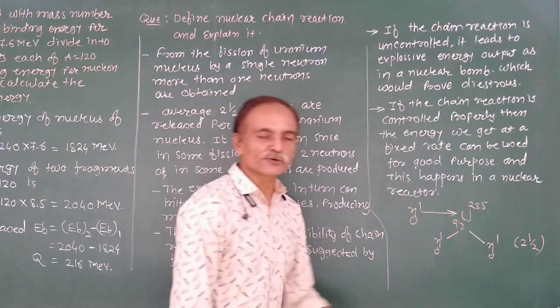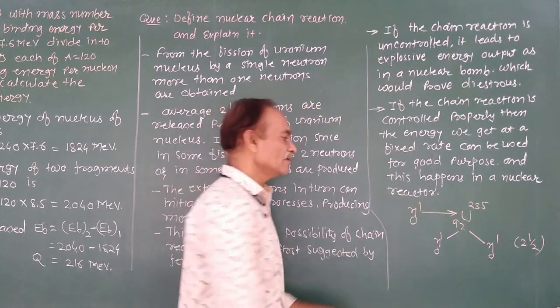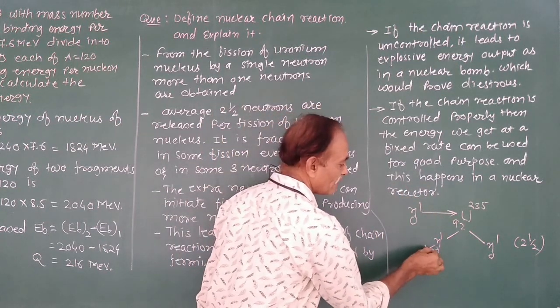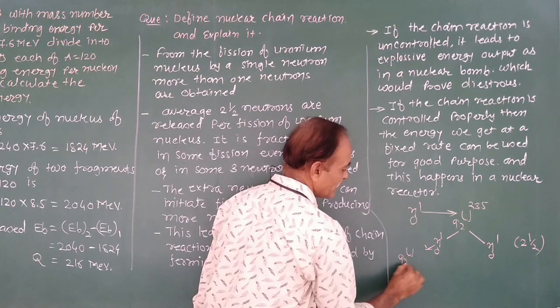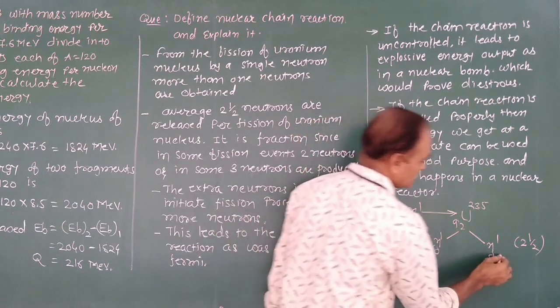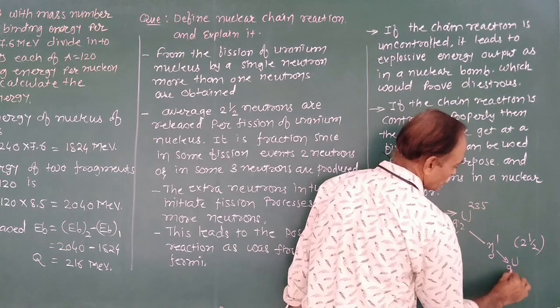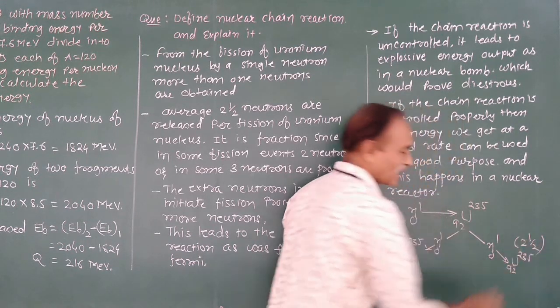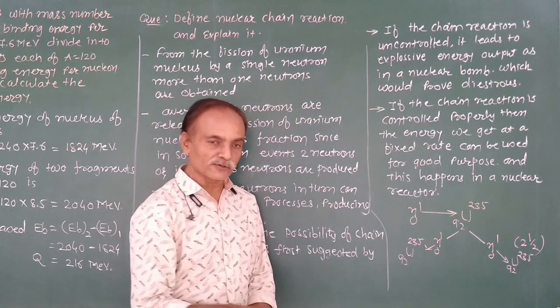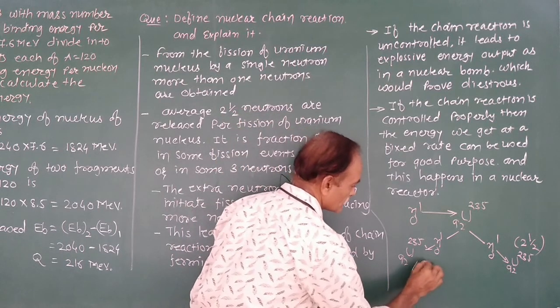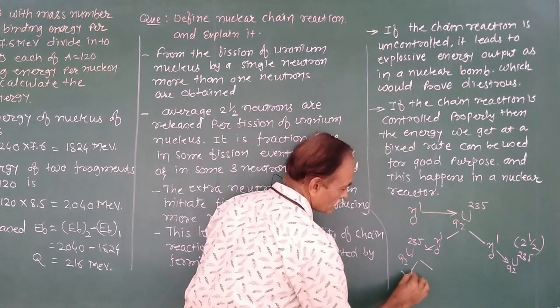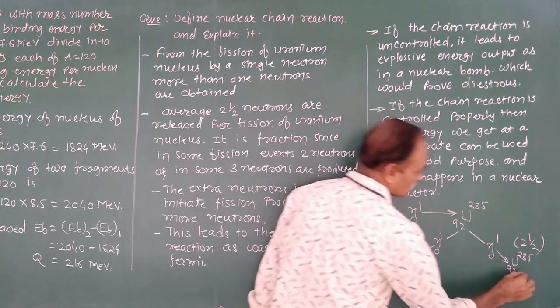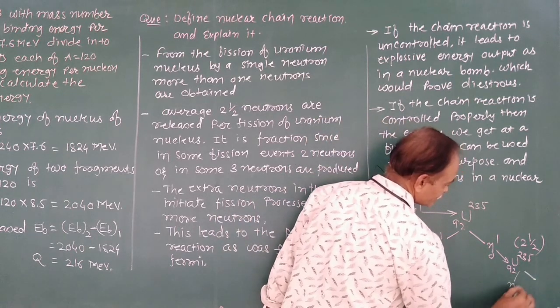These produced neutrons pass and again react with other uranium nuclei 92-235. In the same manner, again 2.5 neutrons are produced, here again 2 neutrons.